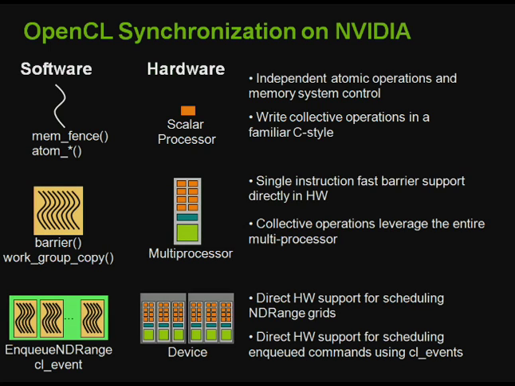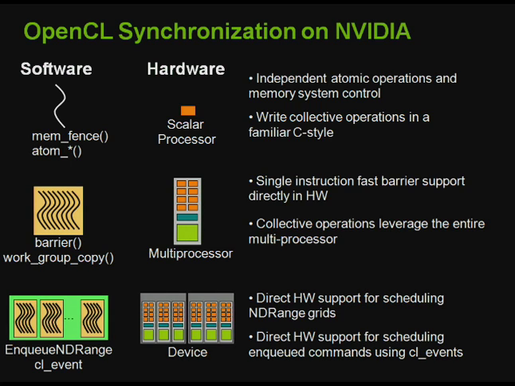Synchronization. The OpenCL execution model actually puts some fairly strict bounds on what work items can synchronize with each other. We've implemented these synchronization constructs natively in our hardware. The independent atomic operations and memory system control of a single work item is reflected directly in the ISA.